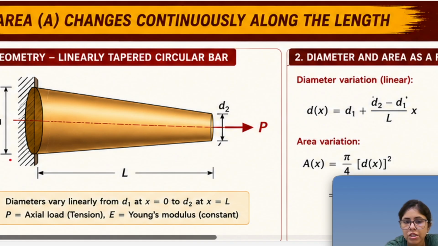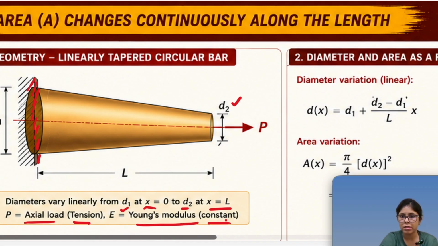Here it is attached to a fixed support, and you are seeing the diameter gradually decrease. Initially it is d1 and then here it is d2, and P is the force and L is the length. The diameters vary linearly from d1 at x equal to 0 to d2 at x equal to L, and P is the axial load, that means tension, and E is the Young's modulus, which is constant, right?